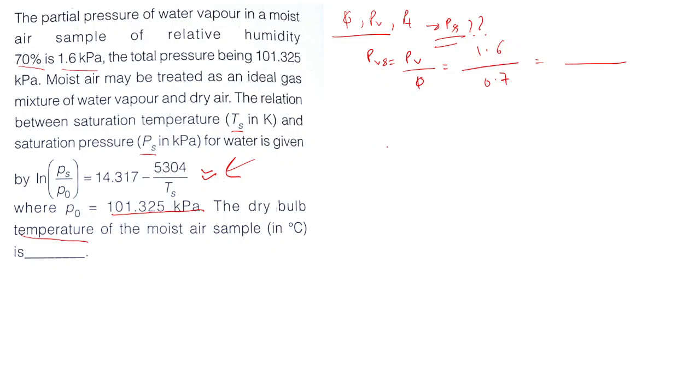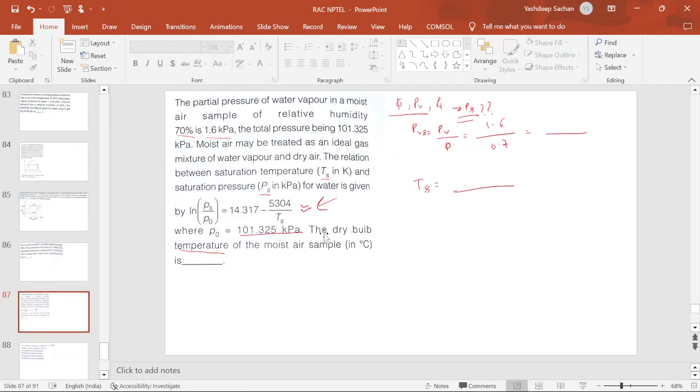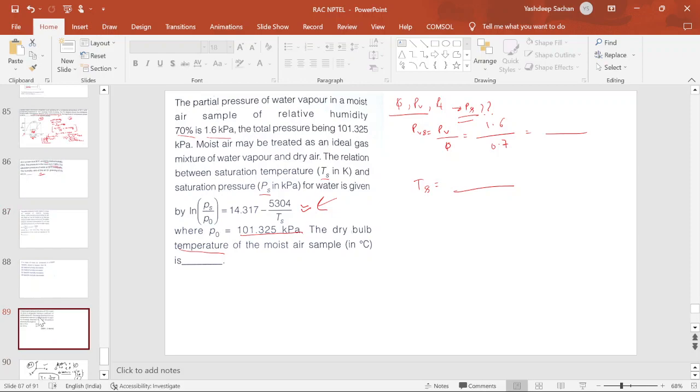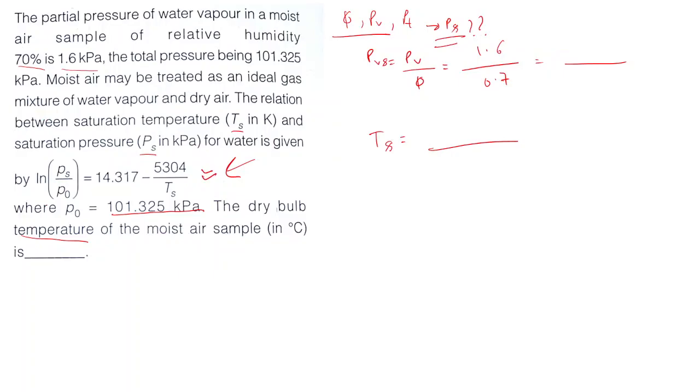So just tell the value, what is the value of Ts? 19.89, 19.9 degrees Celsius, right?